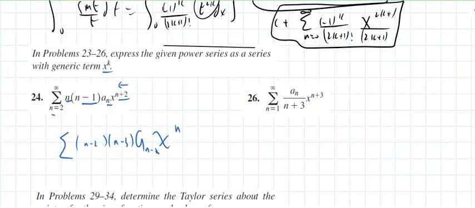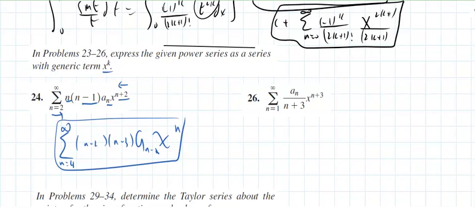And to compensate, shift this 2 up. When you're done, if you let n equal 2, you get 2 times 1 a sub 2 x to the 4th. If you let k equal 4, you should get the same thing. That's a 2, that's a 1. 4 minus 2 is 2, and a 4 in there, it matches. Always check. They have to be exactly the same, but we do need to alter them.